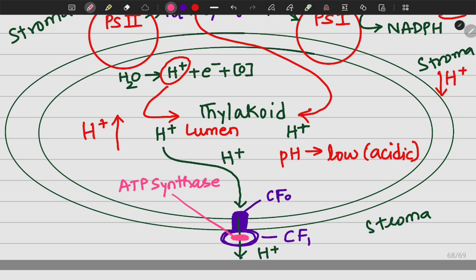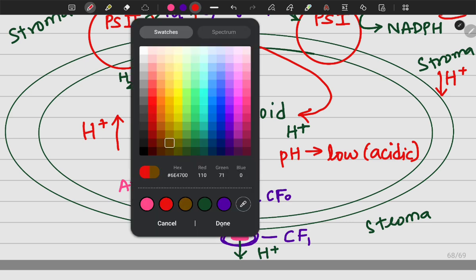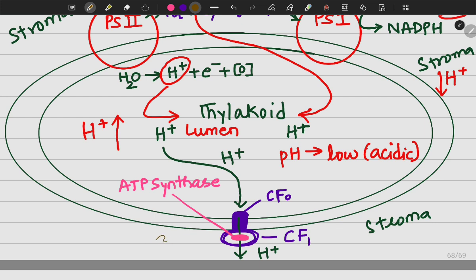And when this ATP synthase enzyme is activated, then ATP is produced. So during the passage of this H plus ion, there will be production of ATP from ADP. Alright, so this is how the ATP is produced according to the chemiosmotic hypothesis. I hope it is clear to you.